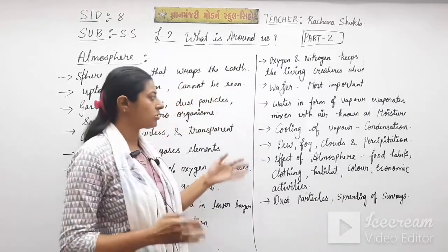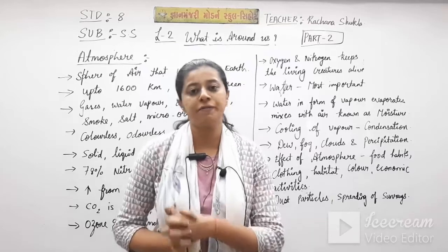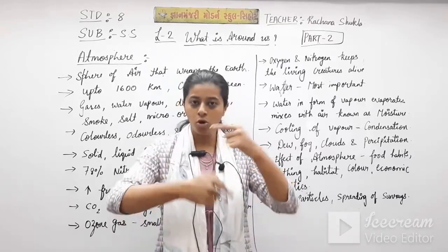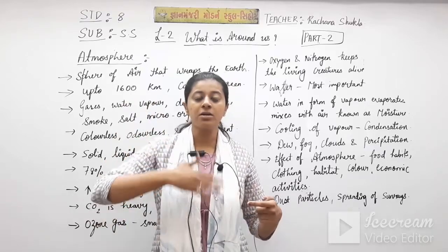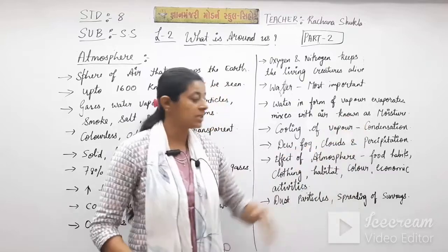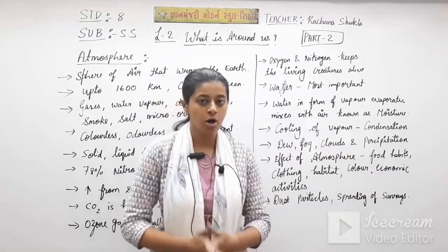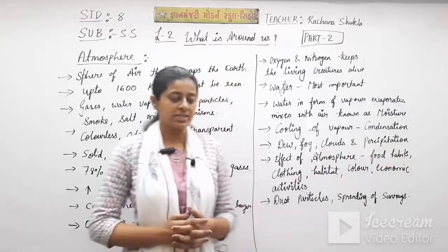Now talking about cooling of vapor. In the whole water cycle, when the vapor cools down, that process is known as condensation. The process of cooling of vapor is known as condensation.